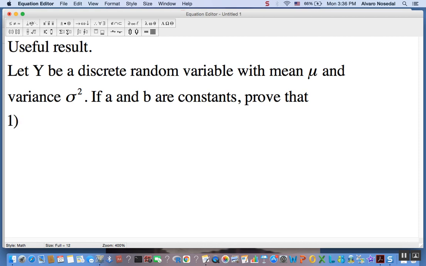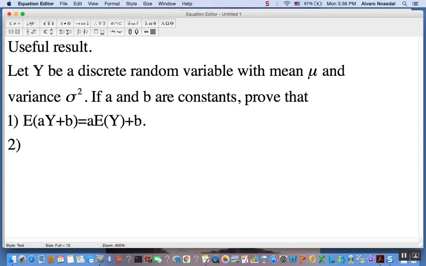Part 1, we want to show that the expected value of a times y plus b equals a times expected value of y plus b. That's the first part of this result.